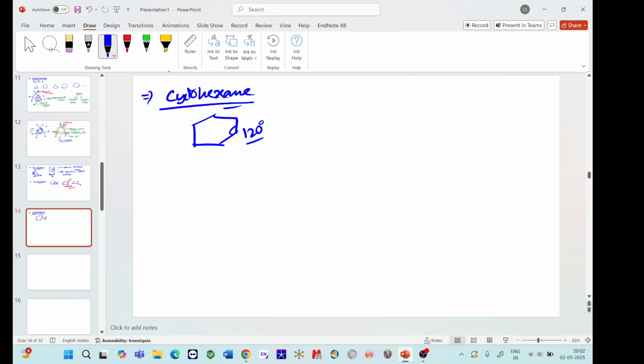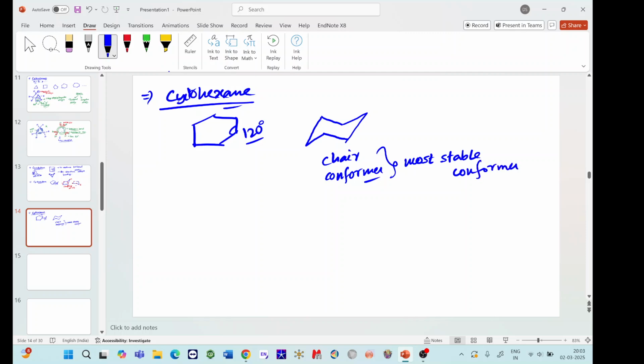But how does it stay in 3D? It is something like this. This is called the chair conformer. This is the most stable conformer of cyclohexane.